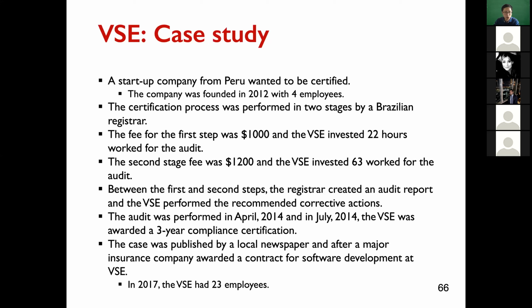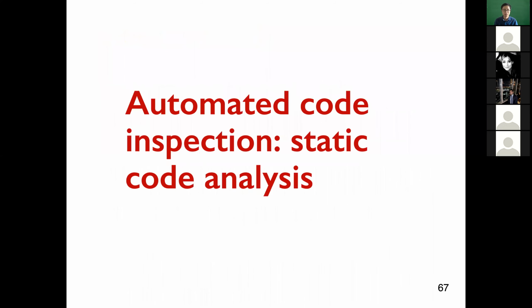So now we talk about reviews and inspections and also audits. These are done manually. We have experts, like external parties, and we have peers to review or inspect the artifacts or to conduct audits. But sometimes maybe we can do things automatically without manual effort, right?